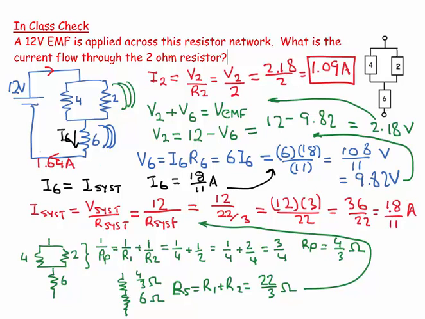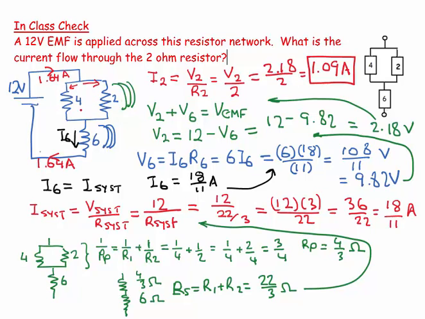That's what that bit told me there. And it's the same here, 1.64 amps. And then it divides, and most of it goes through the 2 and some of it goes through the 4, and it splits up according to the ratio of the currents.